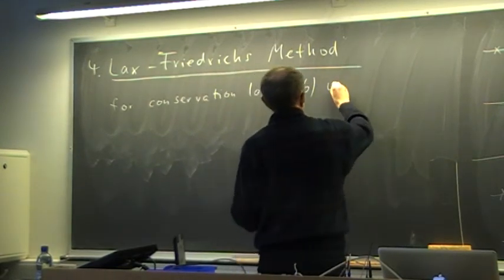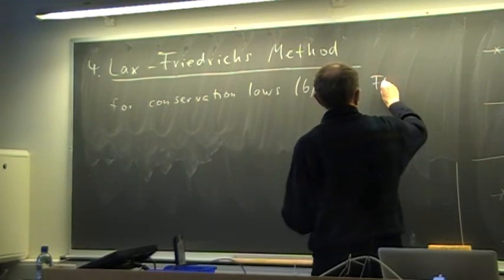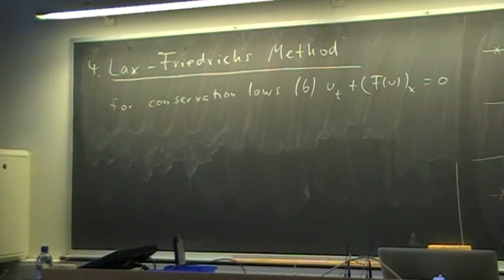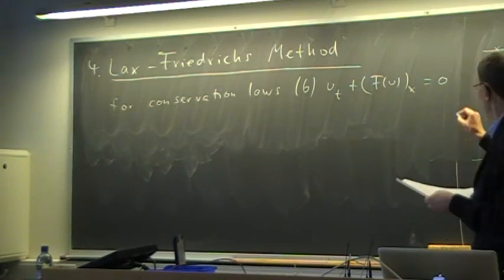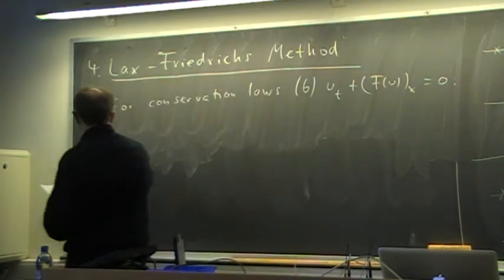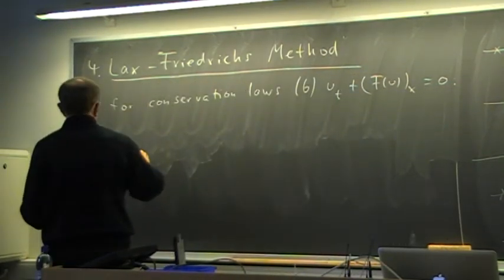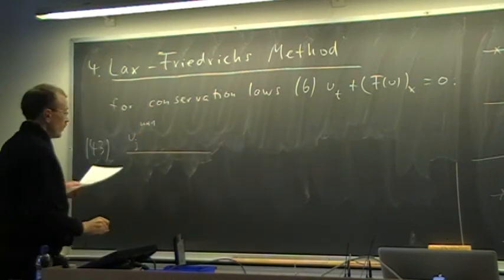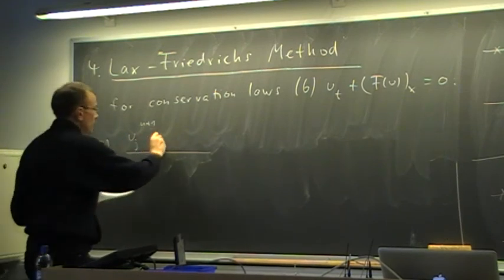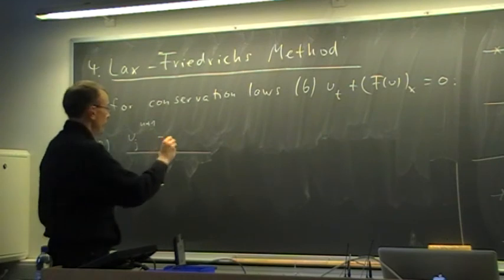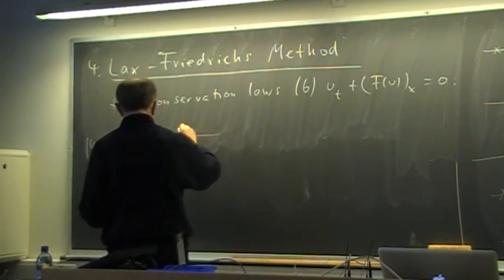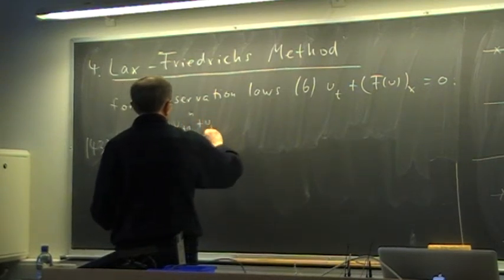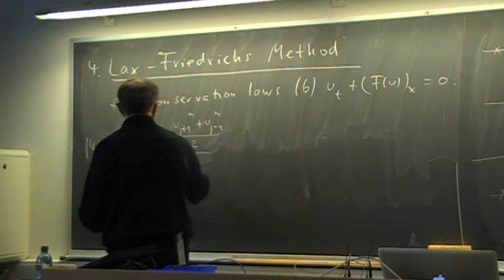I write it here in this form, equal to 0, and that is similar to what we discussed for the linear advection equation. It reads the following. The time discretization is now done by this trick. We compute the solution at the new time level minus the average of the neighbors at the old time level. So we take here u_{j+1}^n plus u_{j-1}^n over 2.